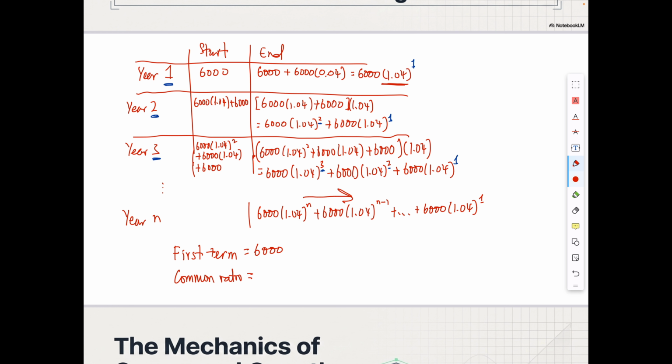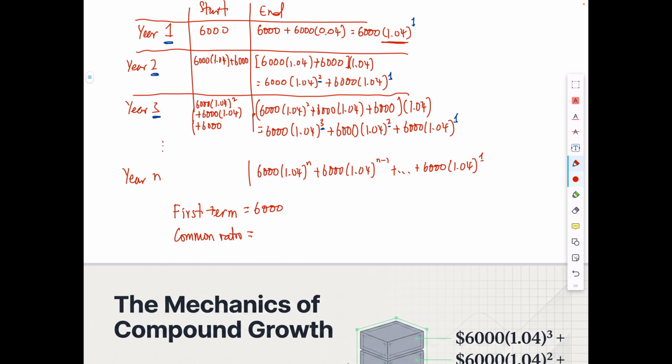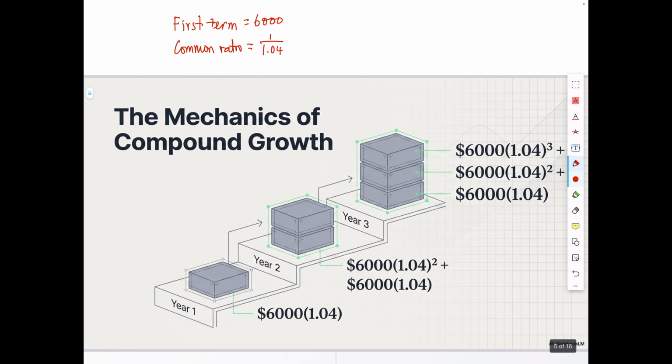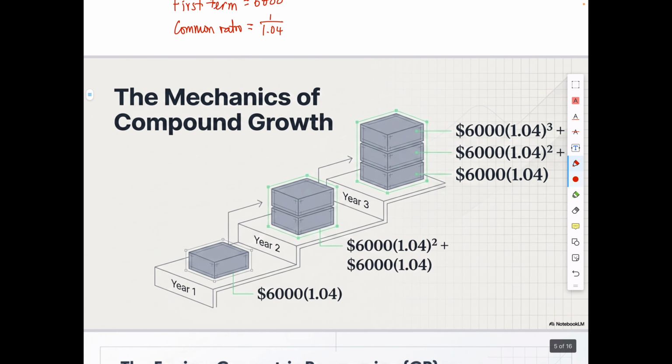But if I start from 1 upwards, I multiply by 1.04. So there are two different directions that I'm working with. The common ratio in this question is 1 over 1.04. It doesn't matter, later I will explain in detail. So you can see that this is like a stacking system.